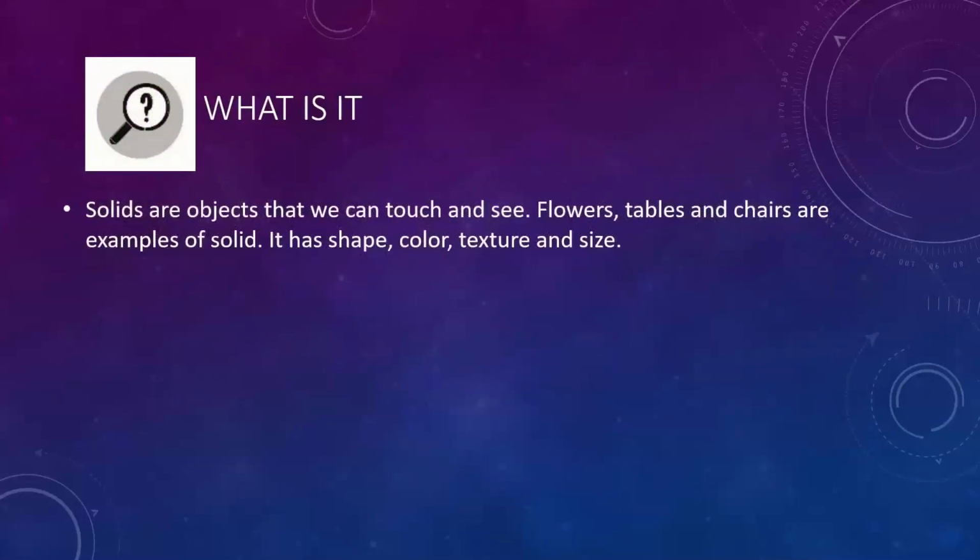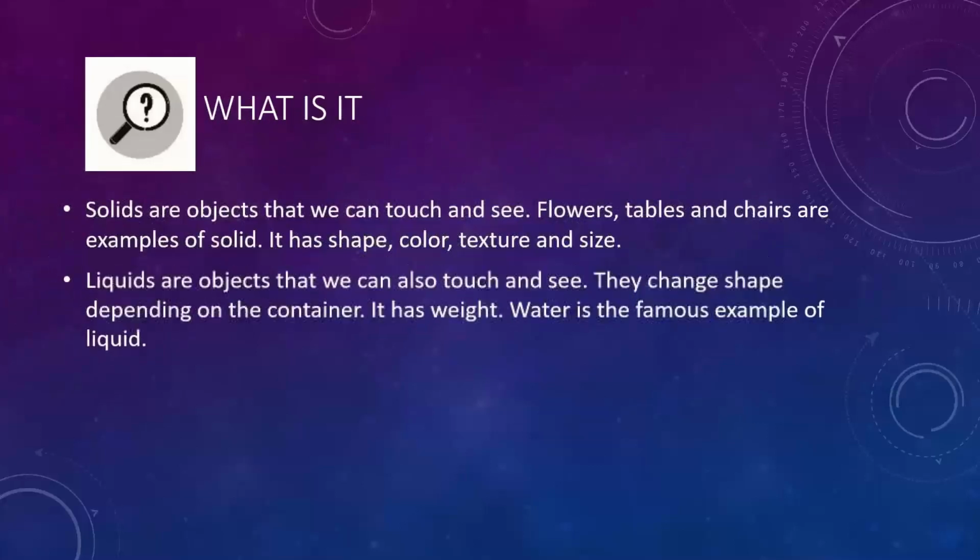What is it? Solids are objects that we can touch and see. Flowers, tables, and chairs are examples of solid. It has shape, color, texture, and size. Liquids are objects that we can also touch and see. They change shape depending on the container.